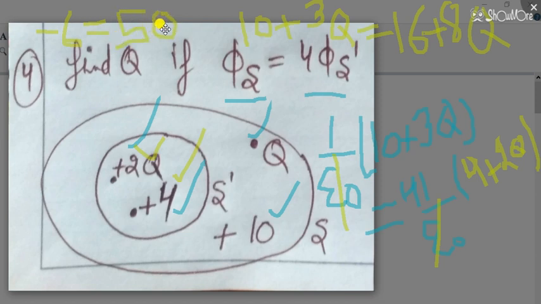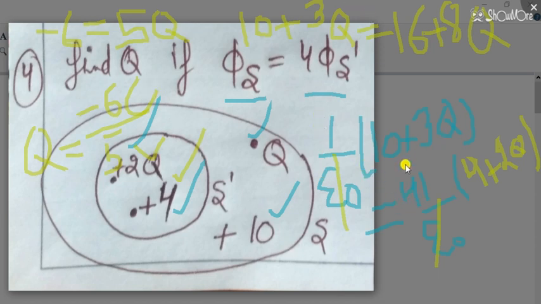So finally we got the answer: q equals minus 6 by 5 coulomb. This is the answer, I think. If you have any doubts, you can send me the query. Okay, you can check. I hope the question is clear.